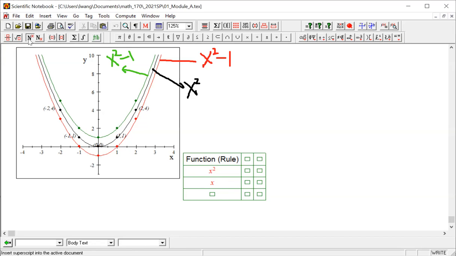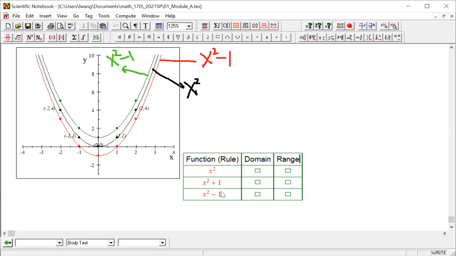And here we have x squared plus 1, and here we have x squared minus 1. Domain: the domains are all the same. The domain will still be all real numbers, negative infinity to infinity. That's for all of them.